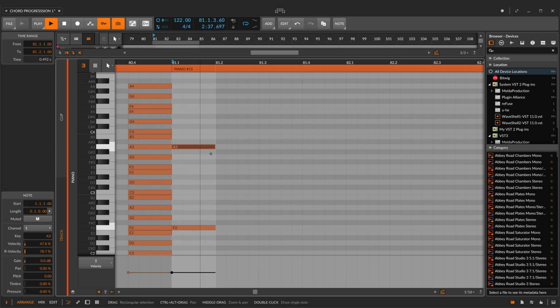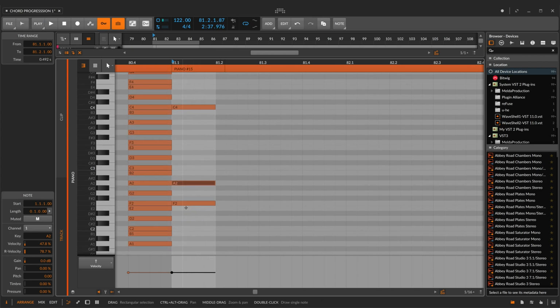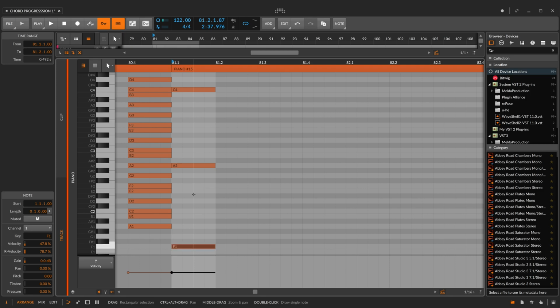Triads are made by the 3rd and 5th above the root of the chord, and this is the 5th, and this one is the 3rd. I'll bring an octave below my root, and we'll listen and check.